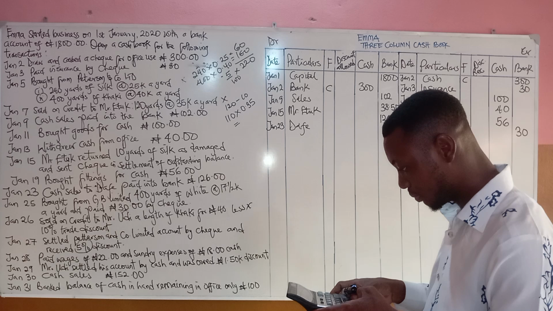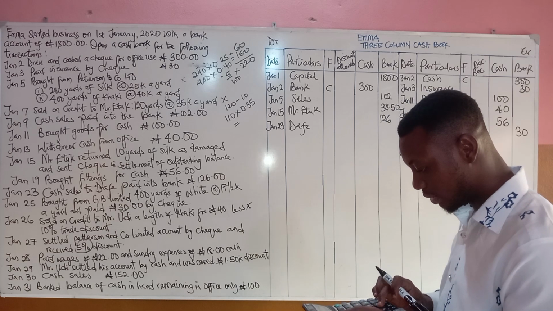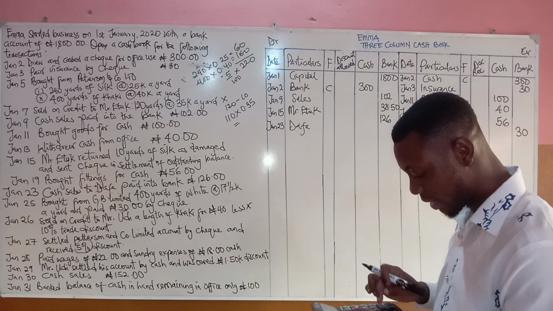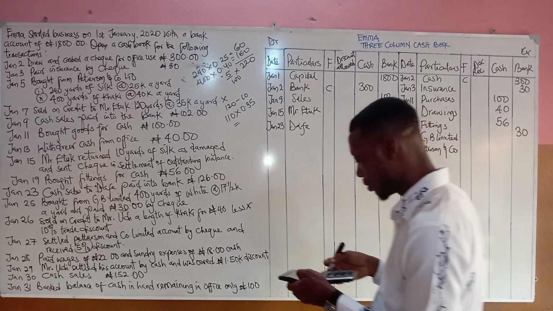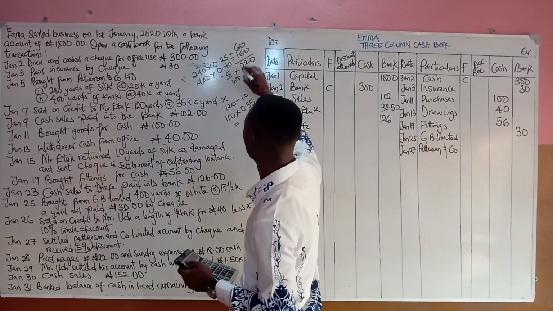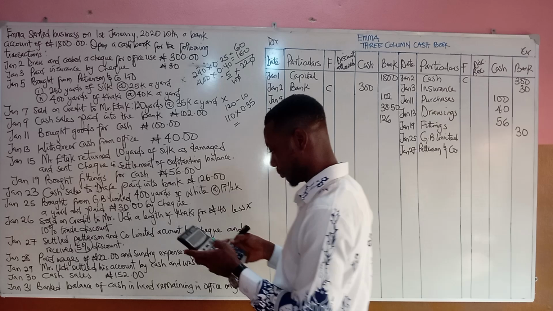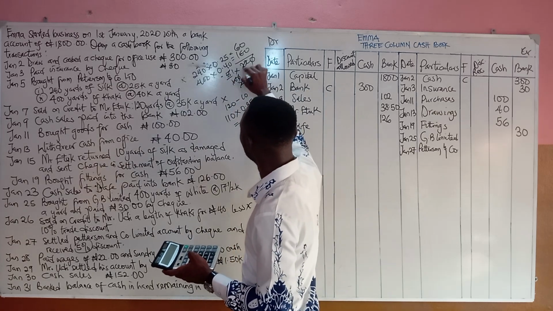Okay, let me just do this. 5 times 1 is 5, 5 times 2 is 10, 2 times 1 is 2, 2 times 11.